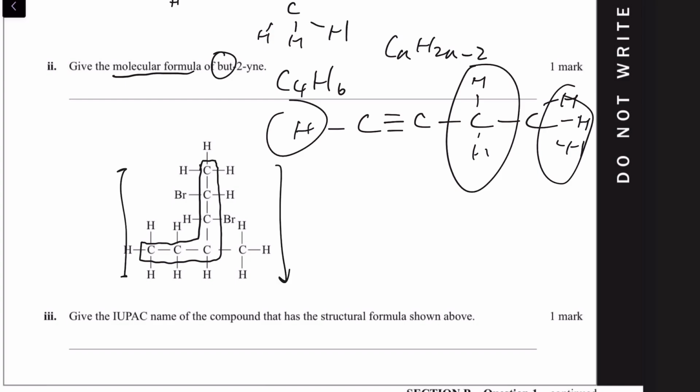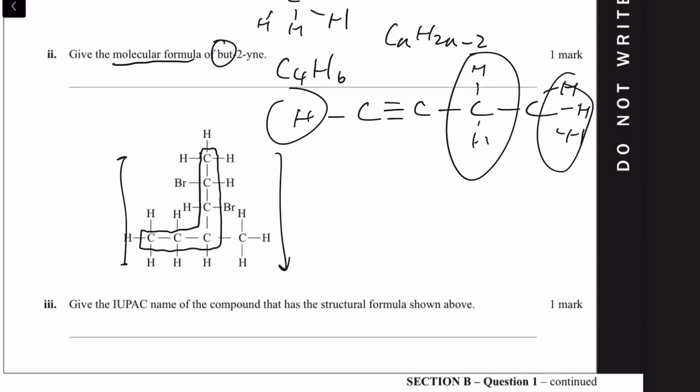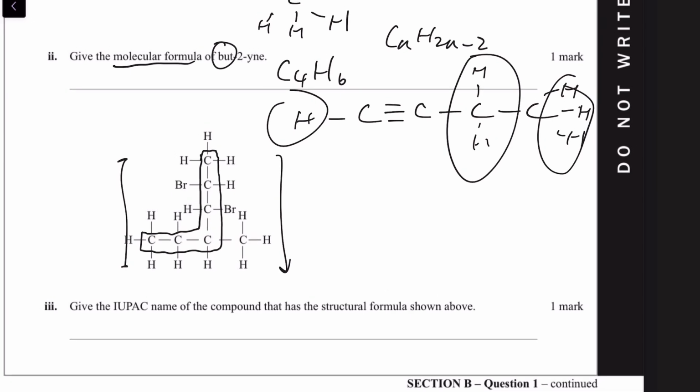Here, because we want to minimize the total amount of numbers in our system, when we go from bottom to top, you have the methyl group on the 3rd carbon, the bromo on the 4th, and the 5th. But if you go from top to bottom, it becomes 2, 3, 4.